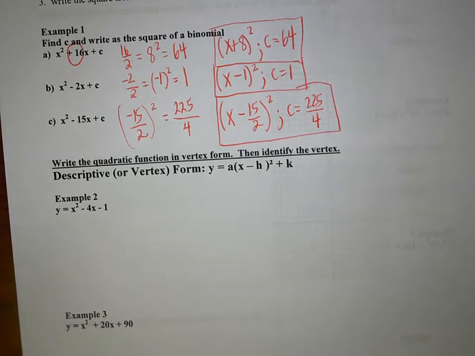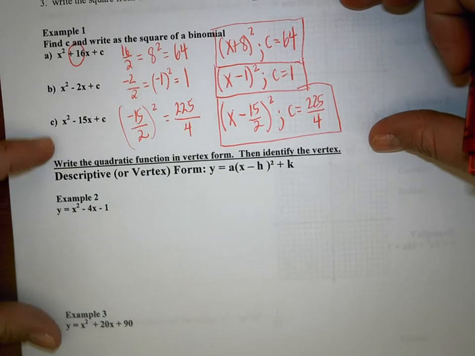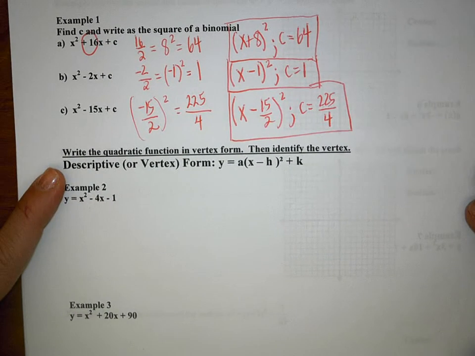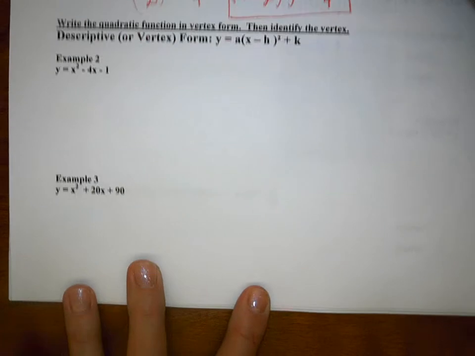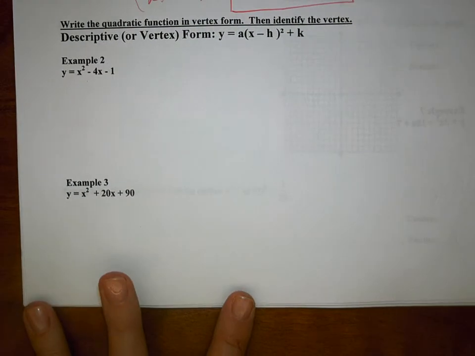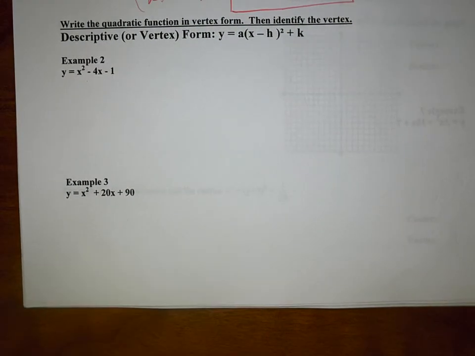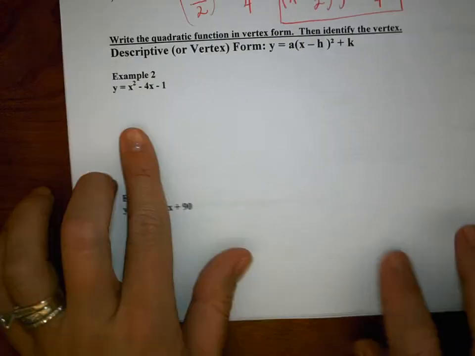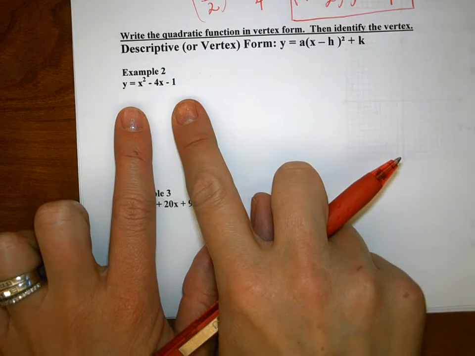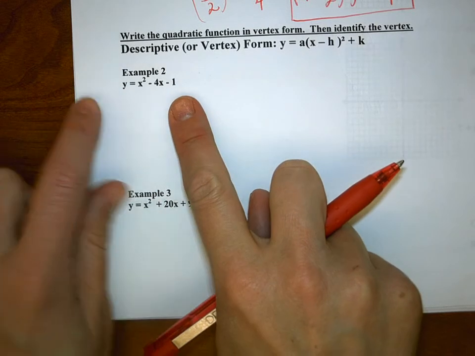Okay, so basically we're using all this information to then do the actual quadratic functions in vertex form. Now, remember back when we were completing the square, how we would complete the square on one side, and whatever we did to one side, we had to do to the other side? Remember how we made the blanks on both sides of the equations? Well, in this case, I don't want to add things to both sides of the equations because I want the y by itself.